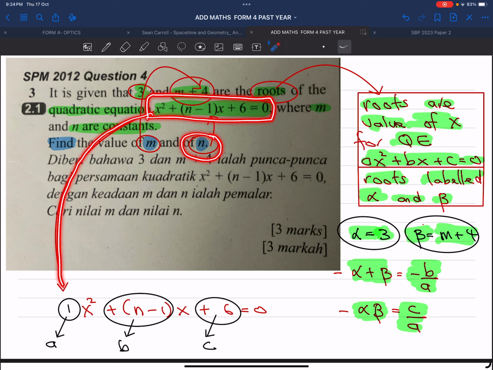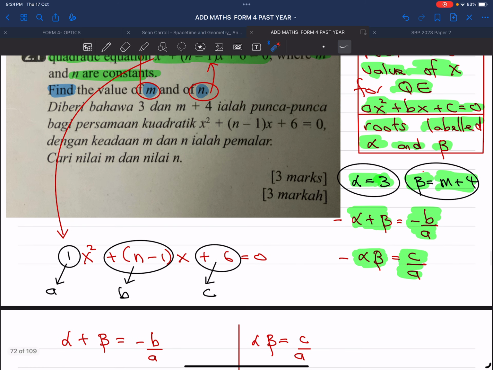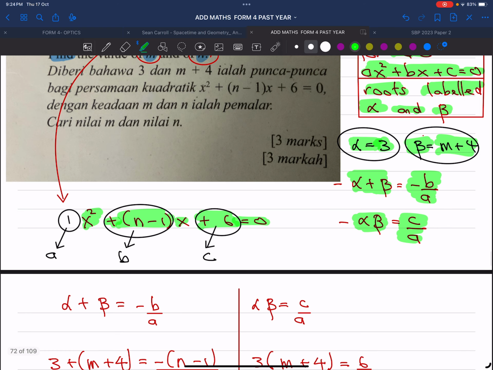So we start with the quadratic equation, x squared plus (n minus 1)x plus 6 equals 0. We must make sure it equals 0, then only can we find a, b, c.